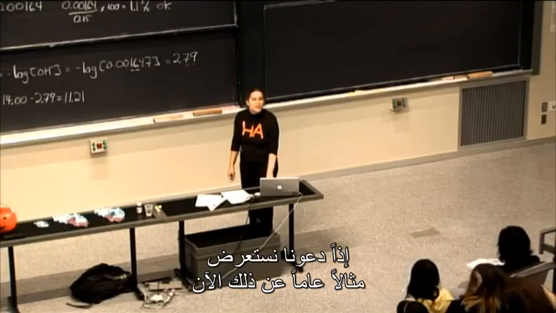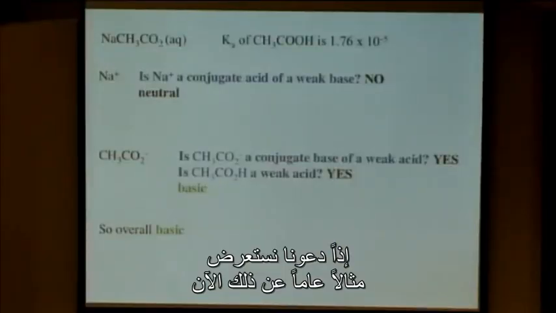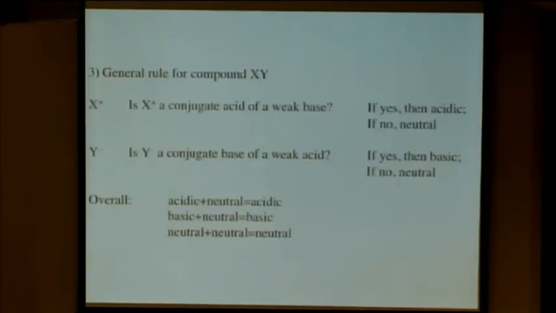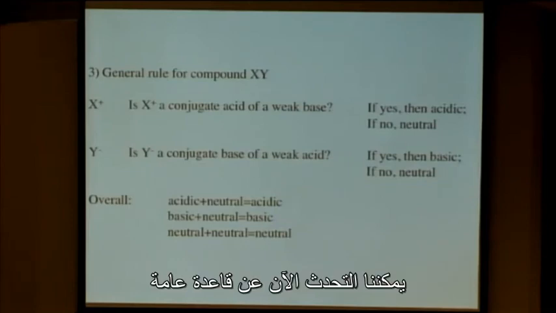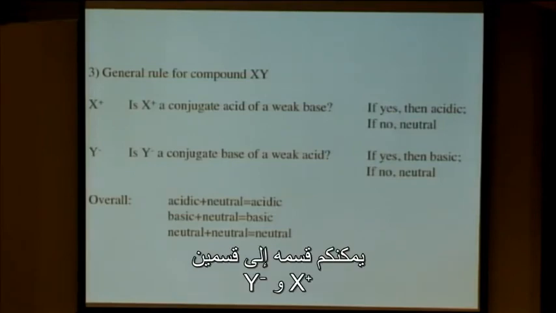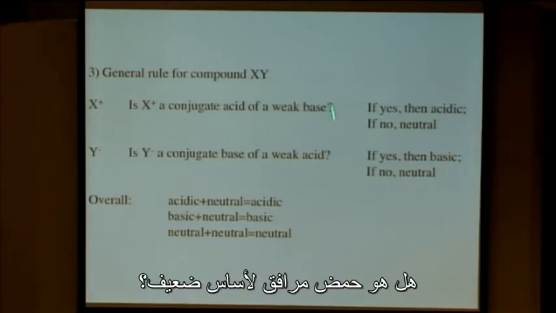All right, so let's look at a general example now of this as well. So here we can talk about a general rule. So if you have compound XY, we can talk about X plus and Y minus. And for X plus, you're going to be asking about if it's a conjugate acid of a weak base.